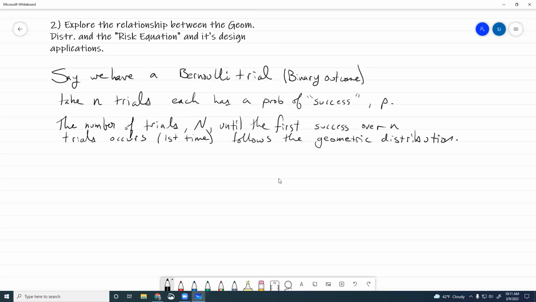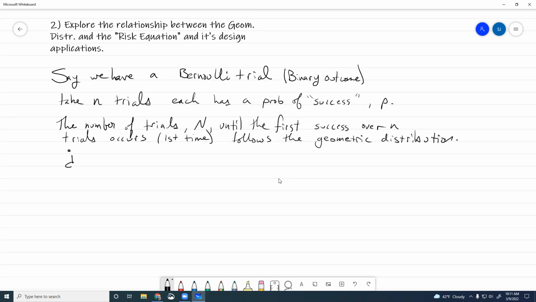So the very simple example is we're rolling 2 dice. How many rolls does it take, or trials, until we get that first double, right? Or that first 7 or something like that. So here's the kind of, we'll just do it this way.